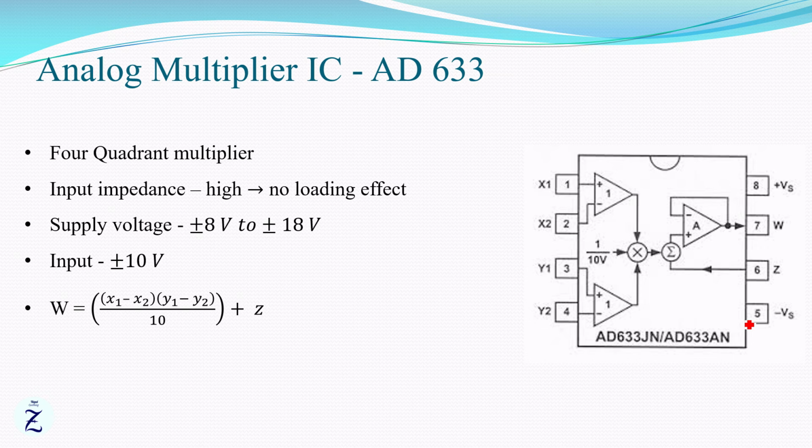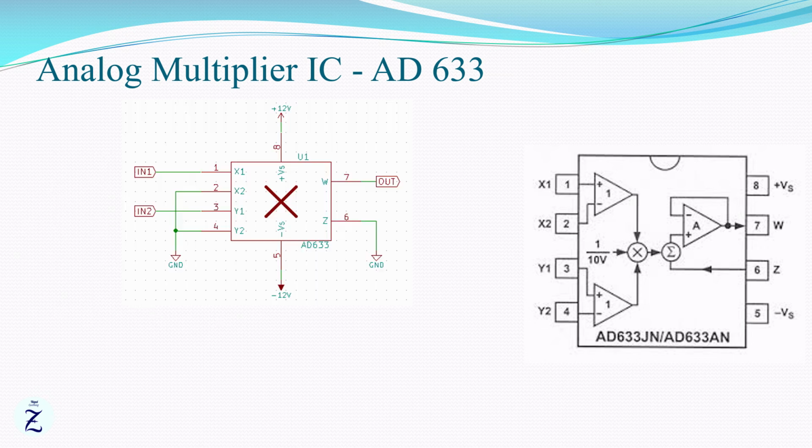Depending on the applications, we can use some of the inputs and others can be connected to ground. Suppose we want to implement a multiplier having output VO equal to K into Vx into Vy, then H2, Y2 and Z are connected to ground, and Vx will be applied to the input X1 and Vy will be applied to the input Y1.